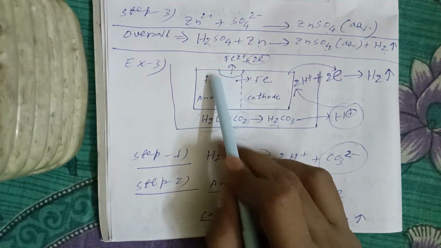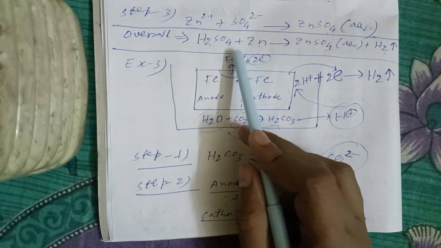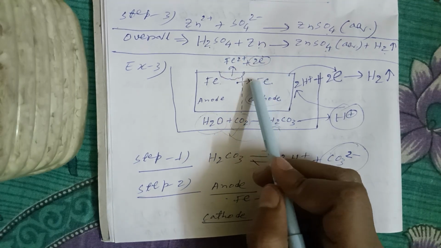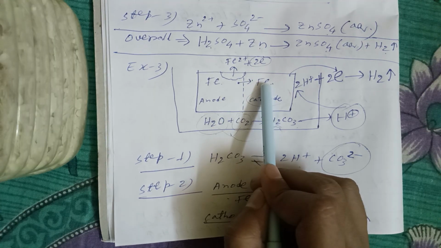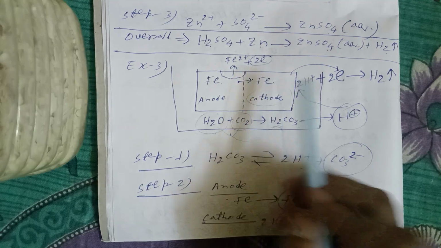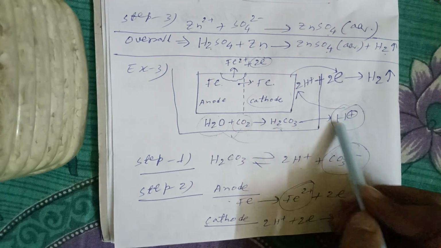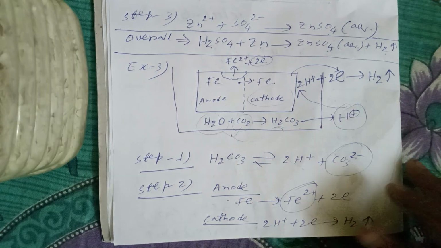Now from the anodic part the iron will be oxidized and corroded to Fe2+, producing 2 electrons. These 2 electrons pass directly from the anodic part to the cathodic part through the metal sheet, and at the cathode the H+ from carbonic acid will be reduced to give hydrogen.